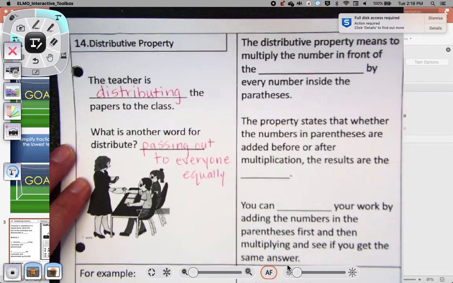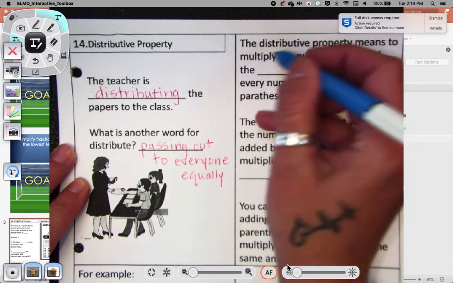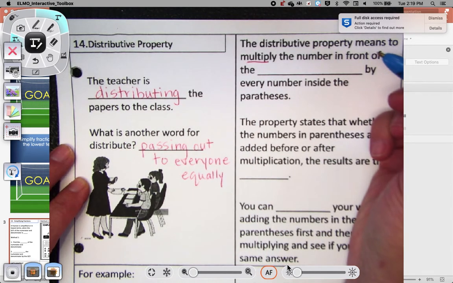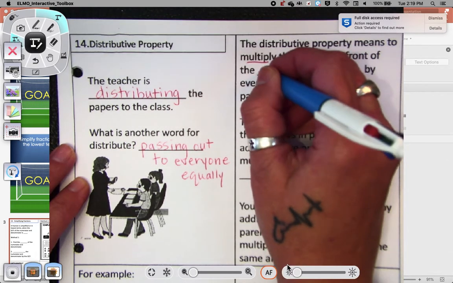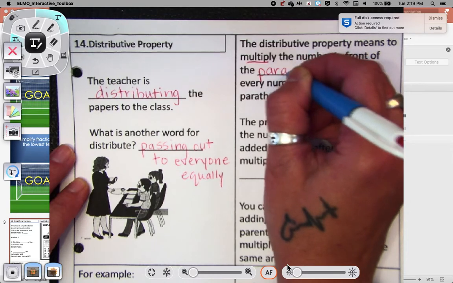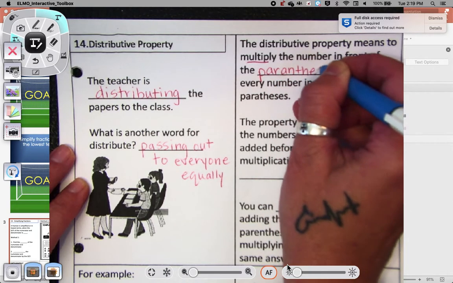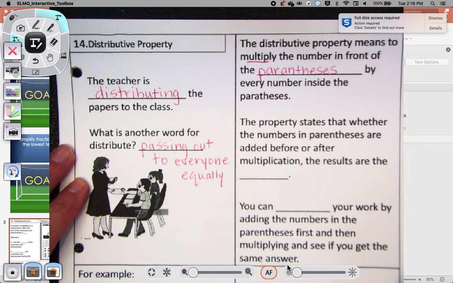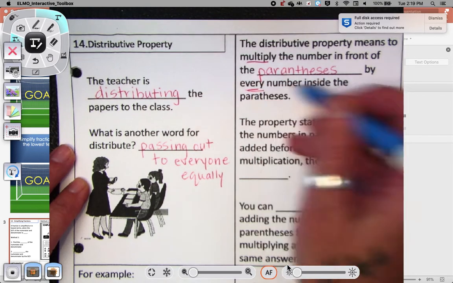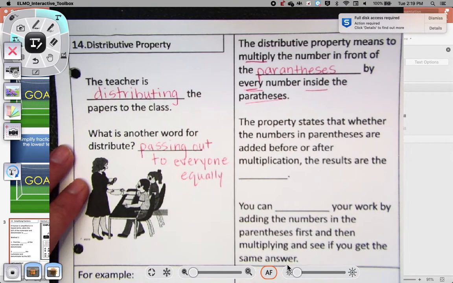The distributive property means to multiply the number in front of the parentheses by every number inside the parentheses.